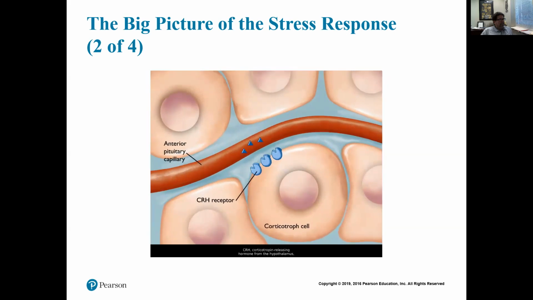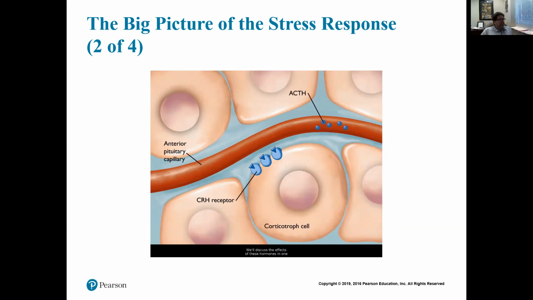CRH, corticotropin releasing hormone from the hypothalamus, stimulates the corticotropes of the anterior pituitary by binding to their CRH receptors. The corticotropes then release ACTH, adrenocorticotropic hormone. ACTH then controls the release of corticosteroids from the cortex of the adrenal gland.